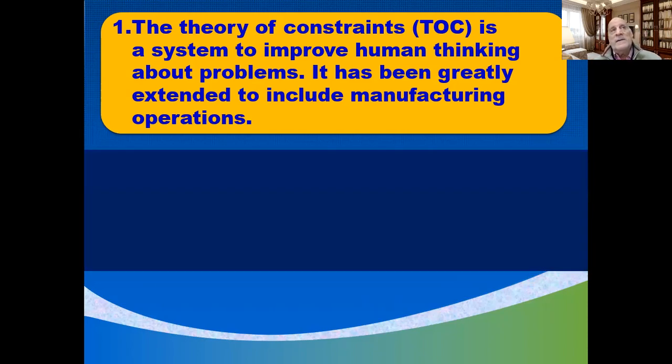The basic premise of theory of constraints as applied to business is that improving any process is best done not by trying to maximize efficiency in every part of the process, but by focusing on the slowest part of the process, which is called the constraint, or it is called the bottleneck.